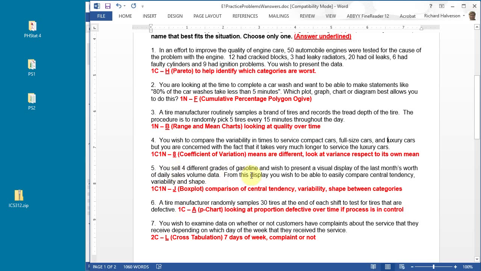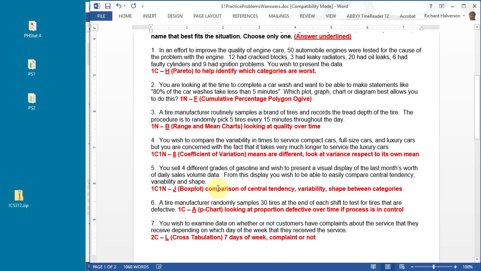You sell 4 different grades of gasoline, and you wish to present a visual display of last month's worth of daily sales volume. From the display, you wish to be able to easily compare central tendency, variability, and shape. Okay, so again it's 4 different categories and sales for each category, and we want to look at shape. We want to look at central tendency. We want to look at variability.